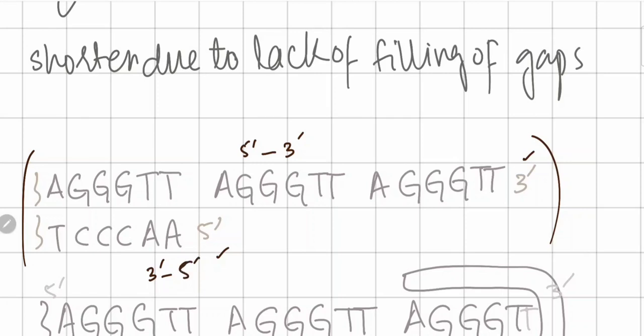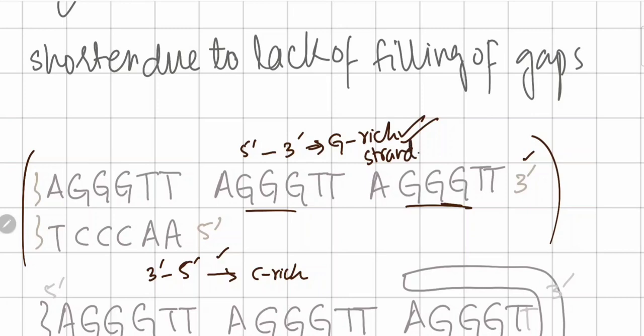Because of this, you will notice that this strand is G-rich, and this strand is C-rich. The thing to notice here is that the G-rich strand is longer than the C-rich strand. So that is a bit of the structure of a telomere.